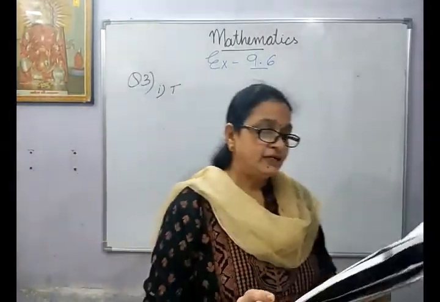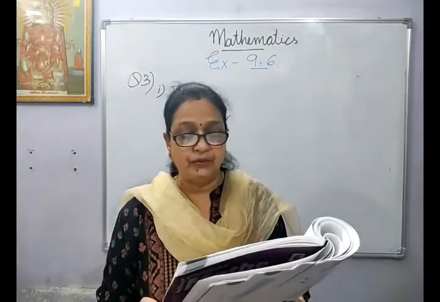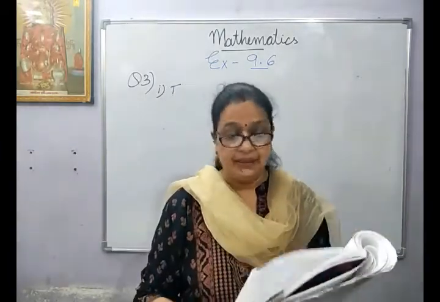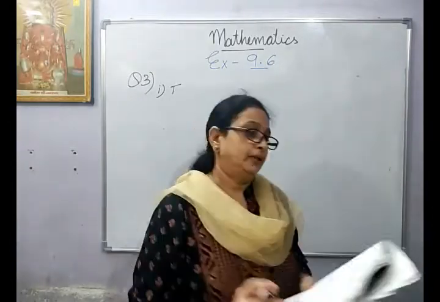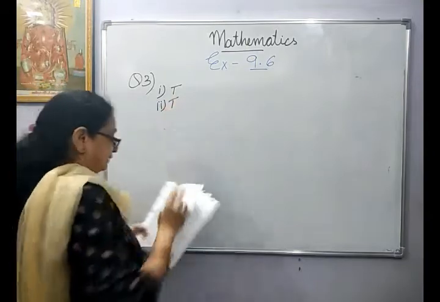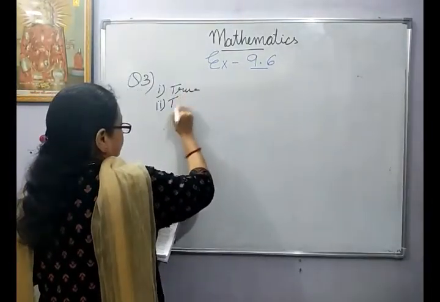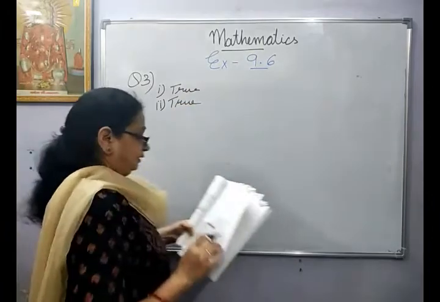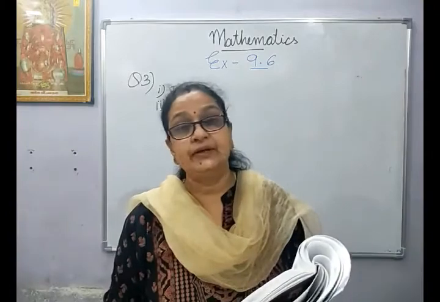A line segment drawn from the center of the circle to any point on its boundary are always equal. That is radius, and I told you all the radii are equal because they are at an equal distance from the center. Children, you have to write down the full spelling for it. Then third, the center of the circle may be present on the exterior of the circle.